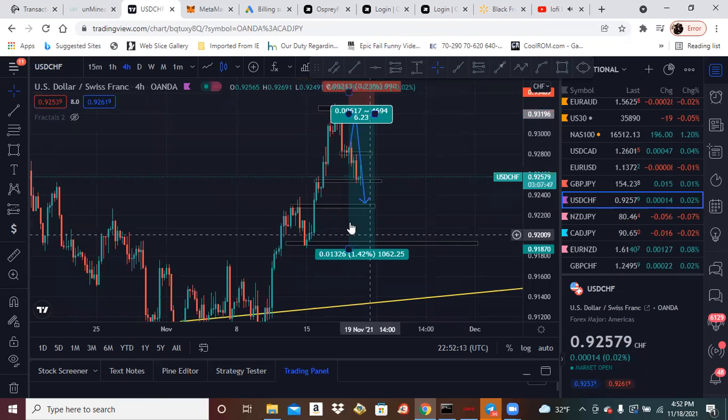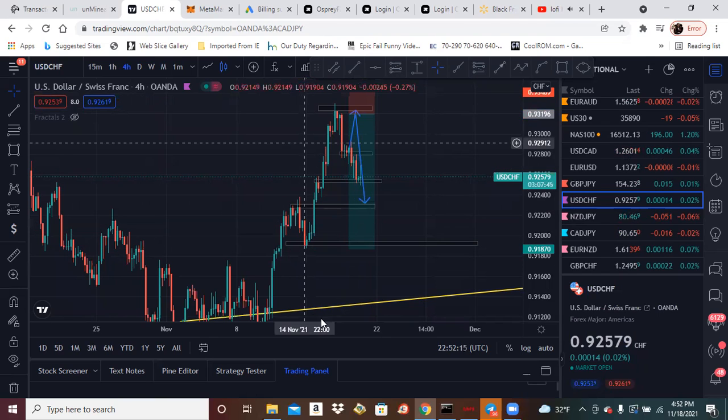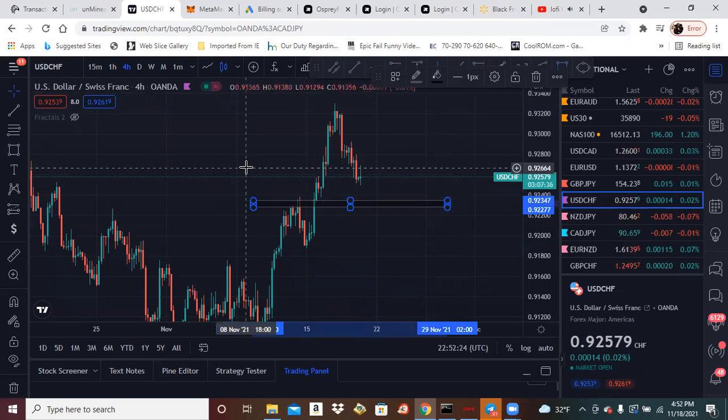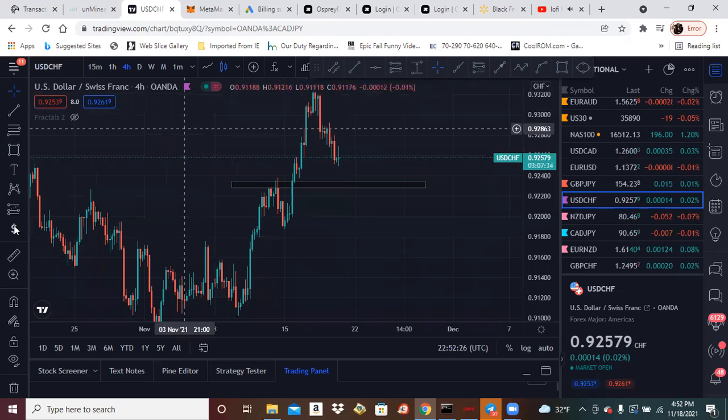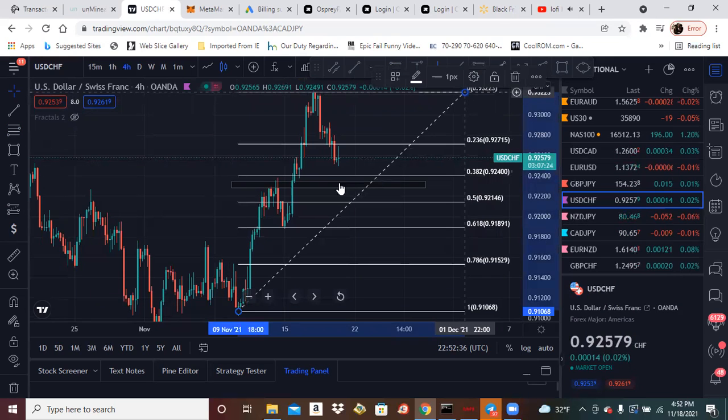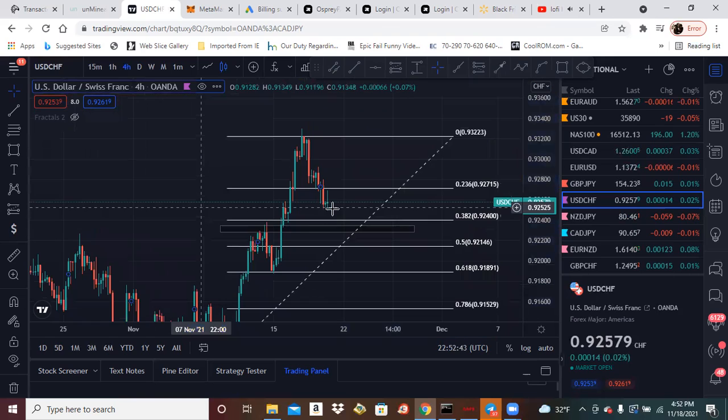At this point, I don't think it might even come all the way down that far anyway. Because now if we look at it, let's see. Those fibs in. If it gets right here, we're getting closer to that 38, and it might just bounce right back up.